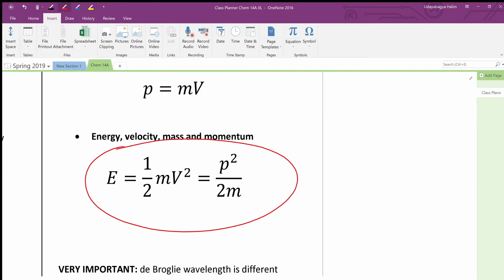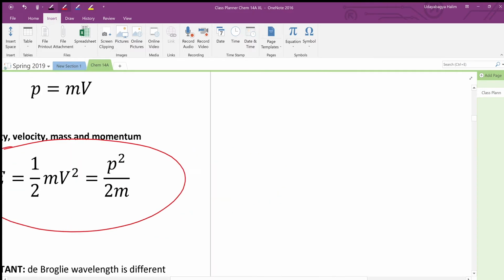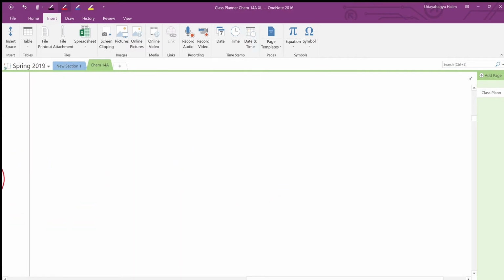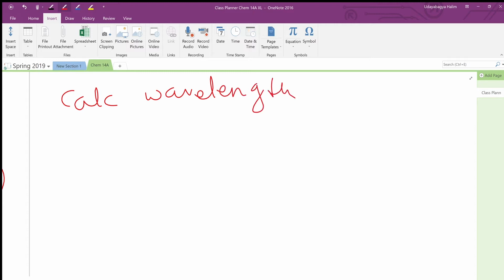So if I were to ask you, say, calculate the wavelength of an X-ray, which equation do you want to use?